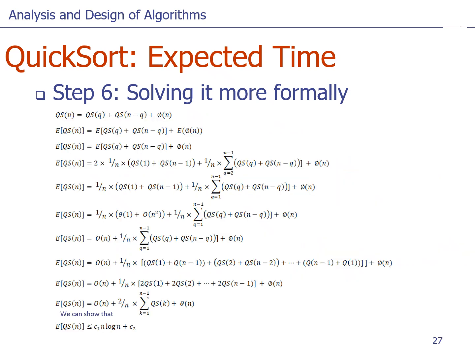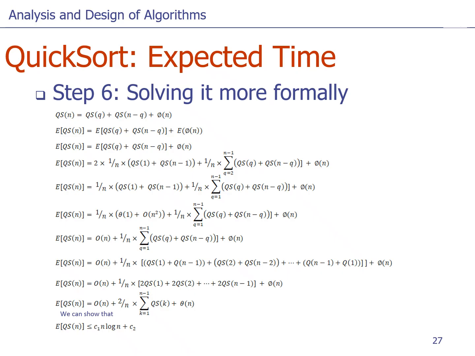The quick sort, I will read it line by line, and you will have the solution also available online. The quick sort of n is equal to the quick sort of q plus the quick sort of n minus q plus some processing of the array to actually create the L and G. Okay?